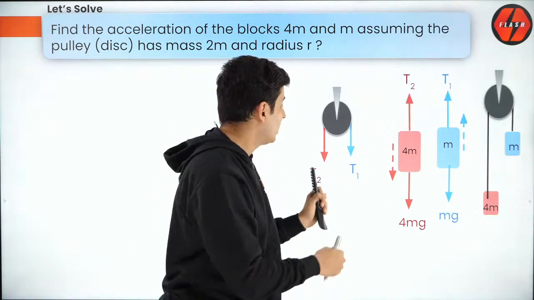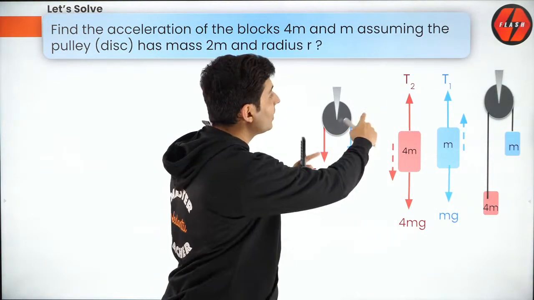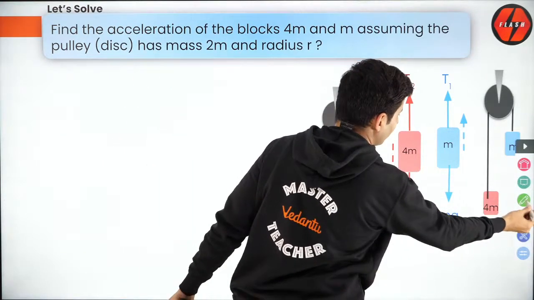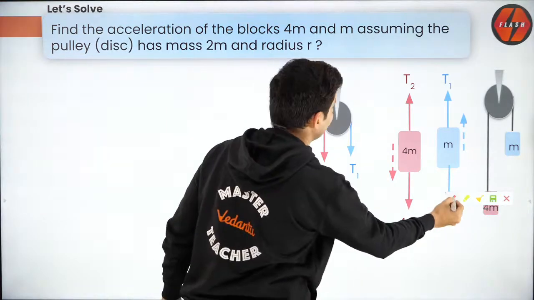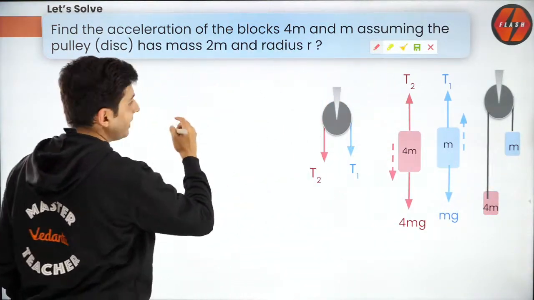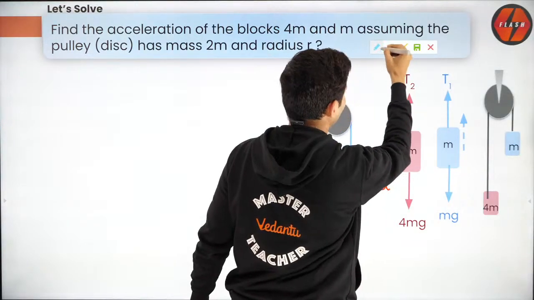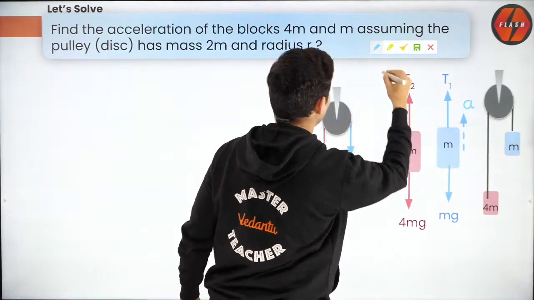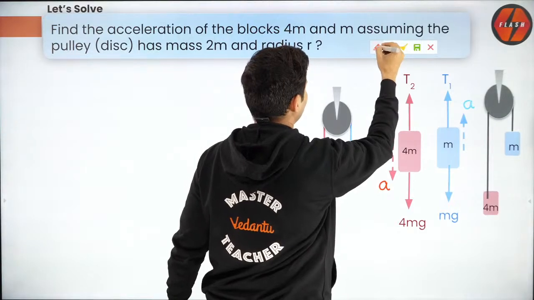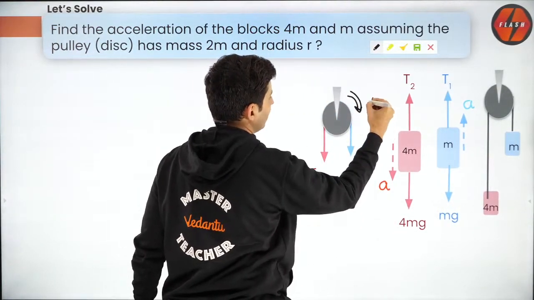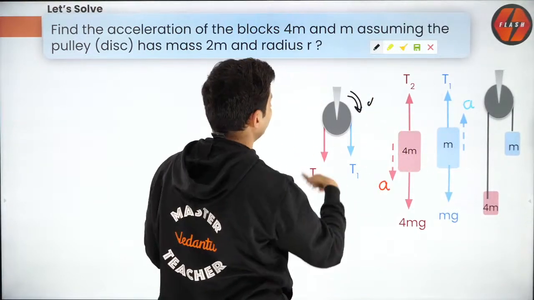So the net torque, understand, is produced only because of T1 and T2. Now I'll show you the long method first. So the long method goes something like this. See, if this is acceleration A, this one will go up with acceleration A, and this pulley over here will have some angular acceleration. Oh wait, 4m is this side, right?